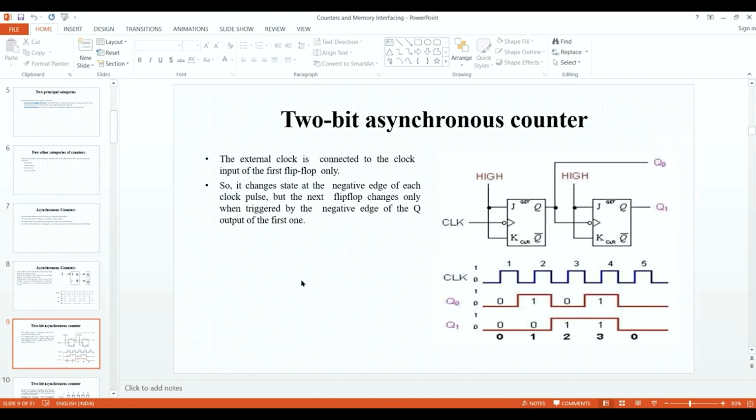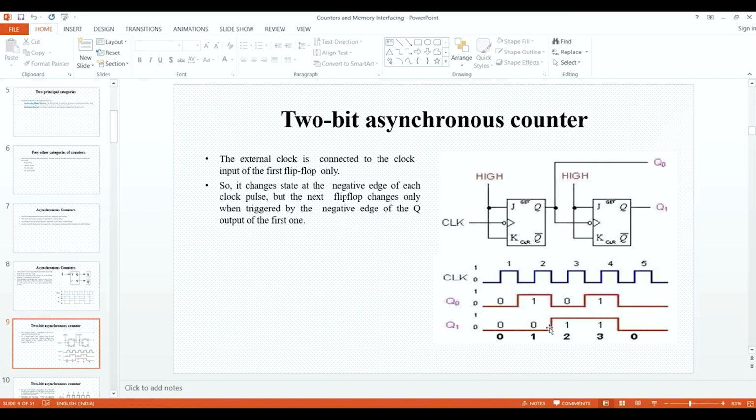So why is it known as a 2-bit asynchronous counter? Because we are using two flip-flops. Similarly, you can see when you're talking about Q0 and Q1, the present state and the next state. You can see it is starting from 0, it will remain in the same state, and then the 1 is there.